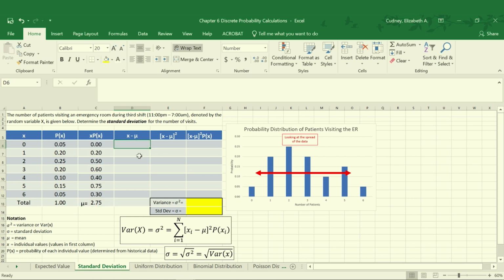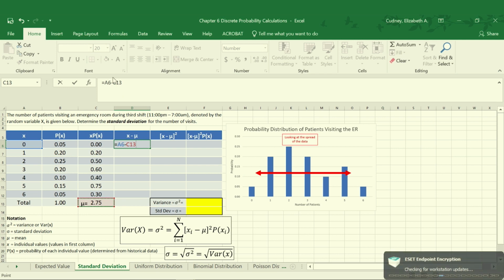The first step of that calculation is to take each random variable and subtract our mean from it, our expected value. In cell D6, that's going to be equal to our random variable, so we'll start with cell A6, minus our expected value or our mean, which is cell C13. In a minute, I'm going to pull that down and automatically calculate those values for the rest of my random variables.